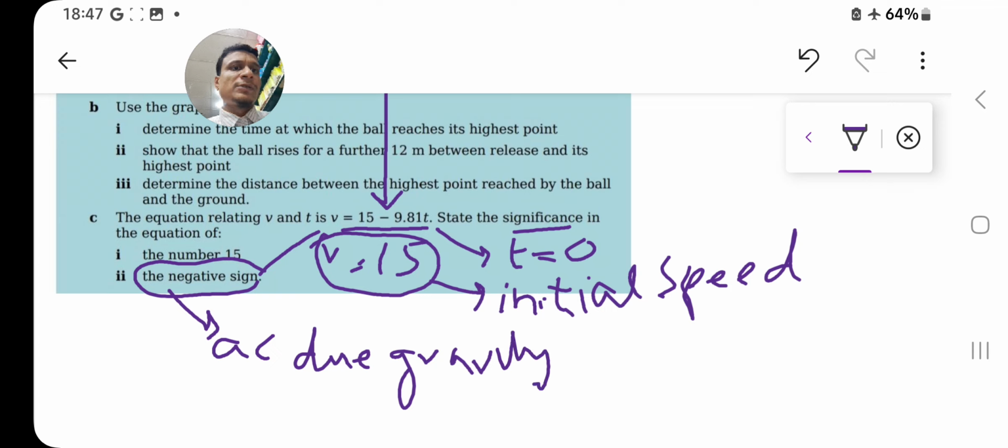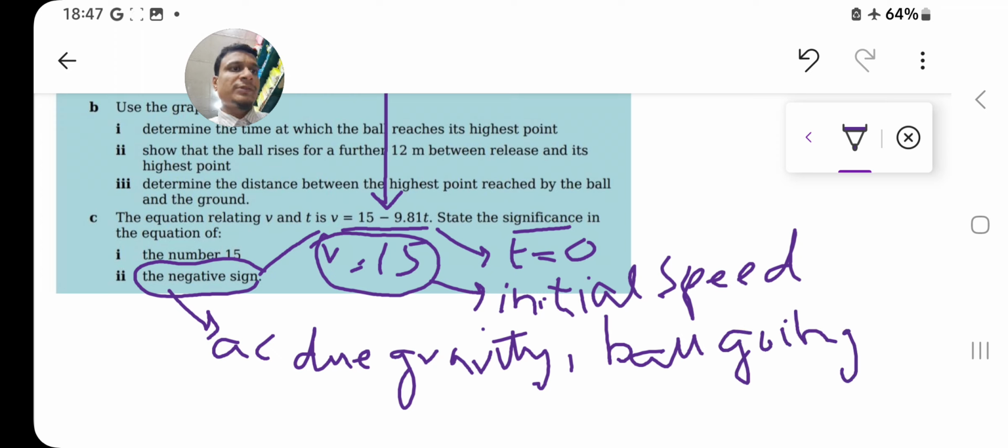The ball is going upwards, and the gradient is always negative, because it is minus 9.8. The ball is traveling against gravity, so we take minus 9.8. Hope you are getting my point.